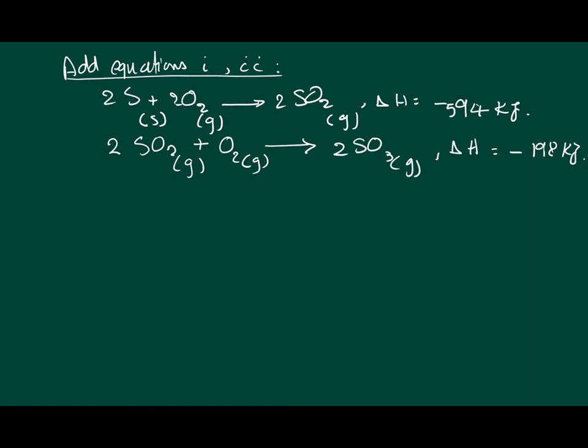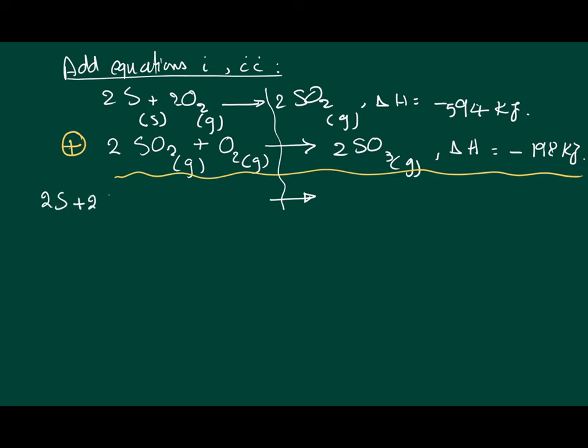By adding both equations, copy them as they are, reactant side, separate them from the product side. So I have here 2S plus 2O2 plus 2SO2 plus O2. If you forget to write the state, marks will be cut from you.